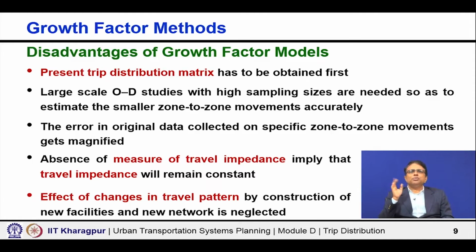So, we must have the small Tij, otherwise we cannot apply. So, somebody has to give you the present trip distribution matrix.